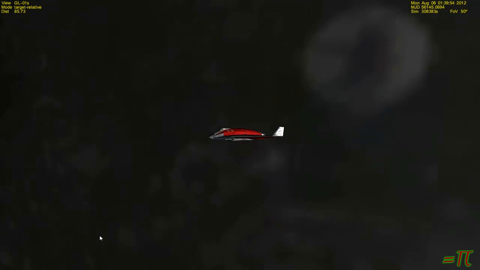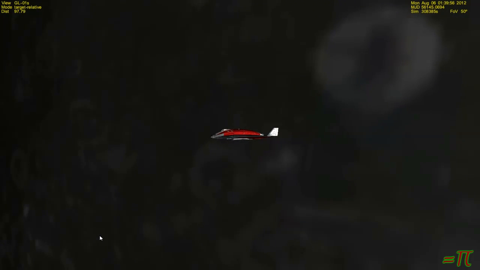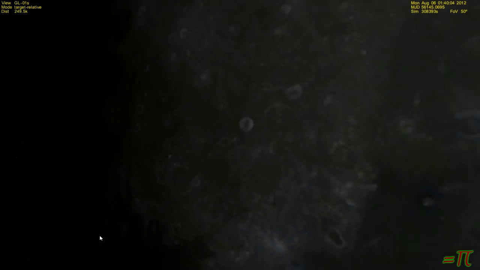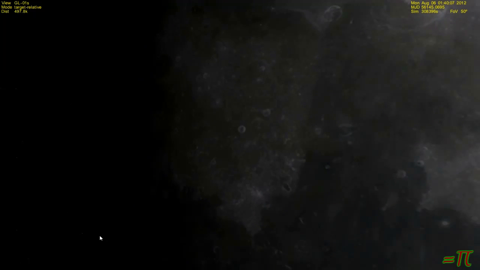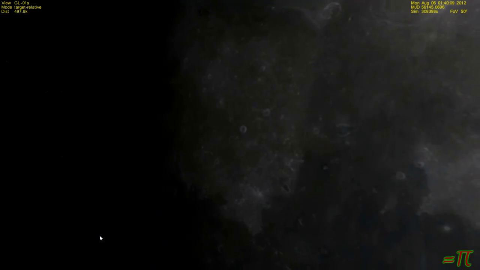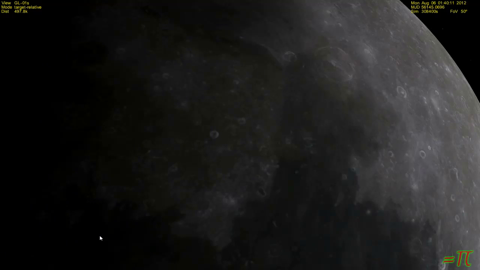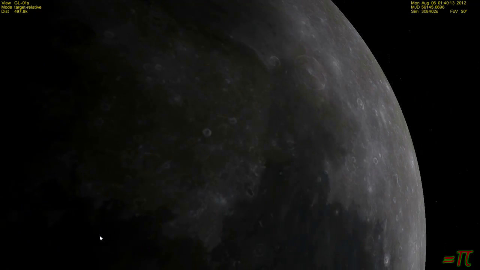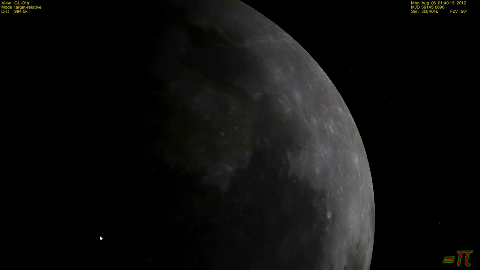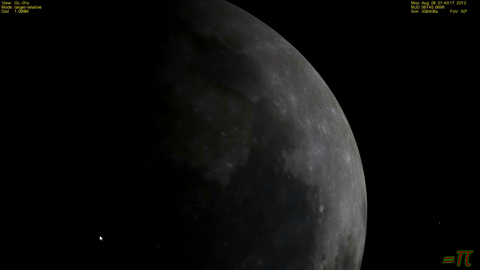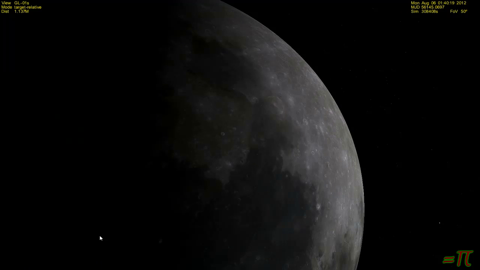Well, there isn't really much to see. Back off the zoom here. I'm not up on lunar geography, so I can't look at anything here and point out features.